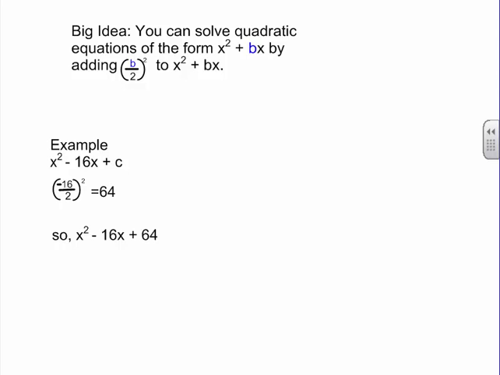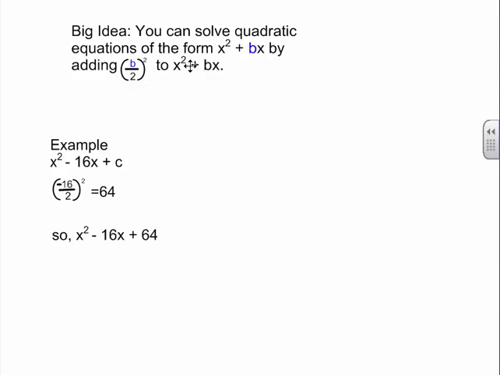Today we're going to do something completely new. There's another way we can solve a quadratic equation in the form x squared plus bx, so there's no a, by adding b divided by 2, squared. Whatever b is, divide it by 2 and square it, and we add that.